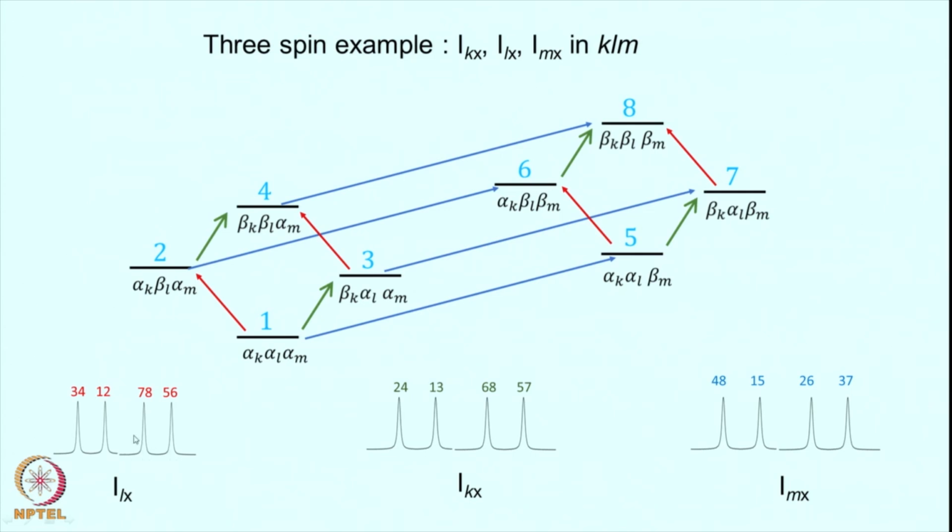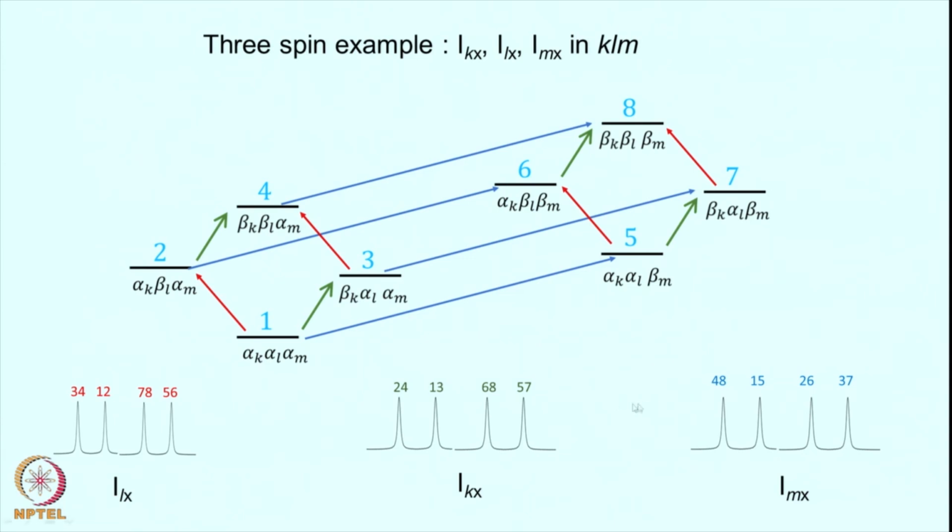All of those are represented in this manner. Since all of them are in phase, I must write them as absorptive line shapes for each one of those. The individual transitions are indicated here for the L magnetization, the K magnetization and the M magnetization. So this is the simplest. Here we are seeing the individual transitions of the K and L spins, and we call them in-phase magnetizations because they are in phase with respect to the orientation of the other 2 spins.